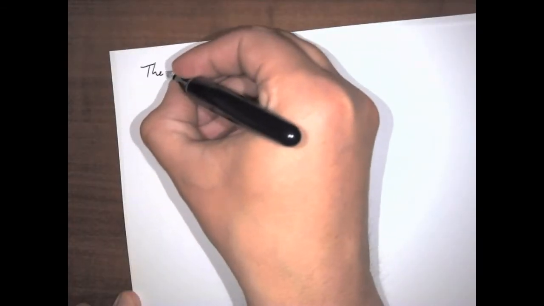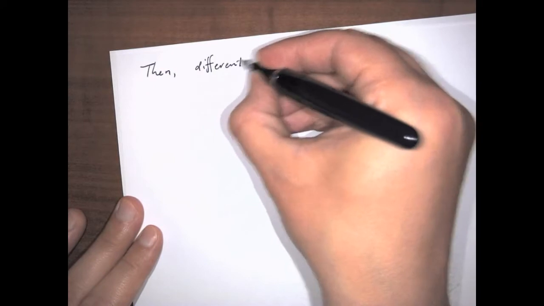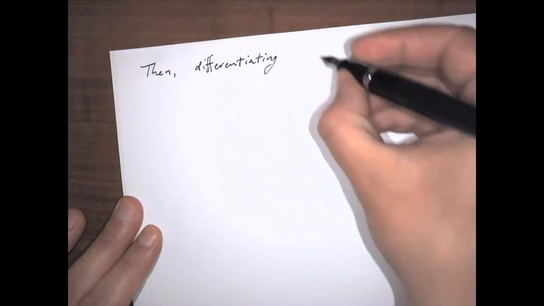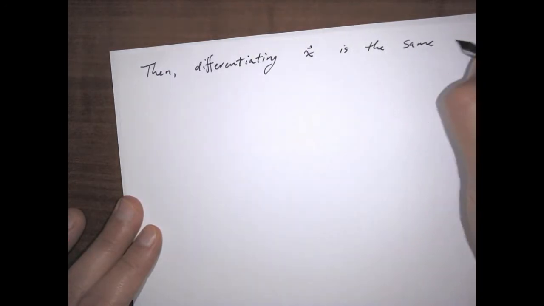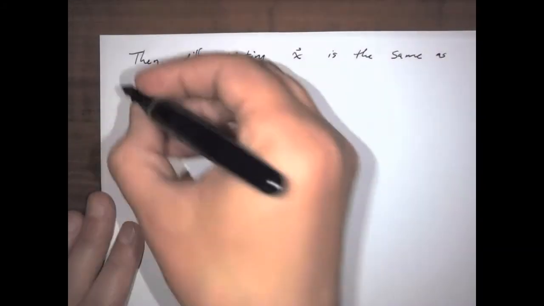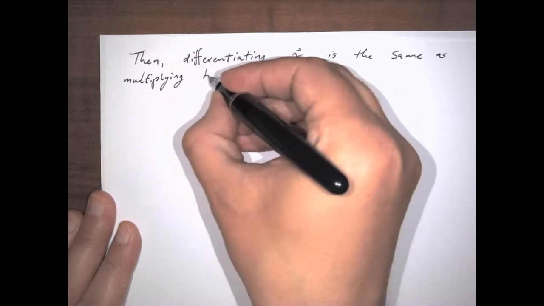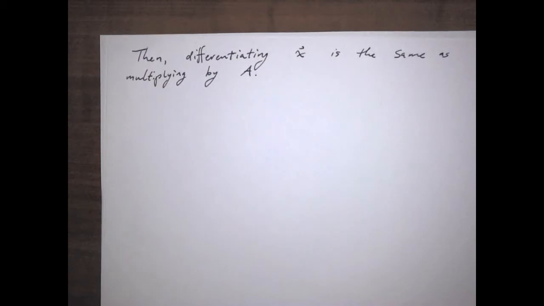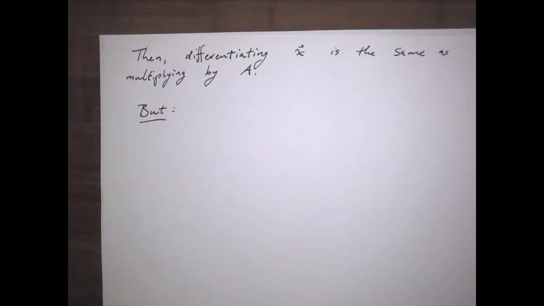So differentiating x is the same as multiplying by A. But if we can find eigenvalues and eigenvectors for A, then that gives us a simpler way of actually expressing that very product.